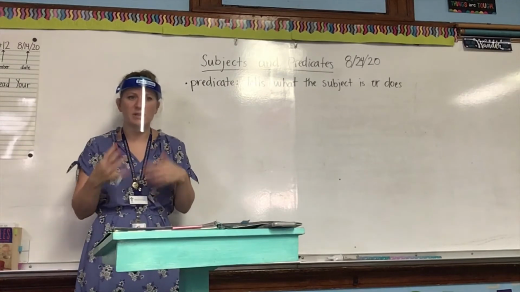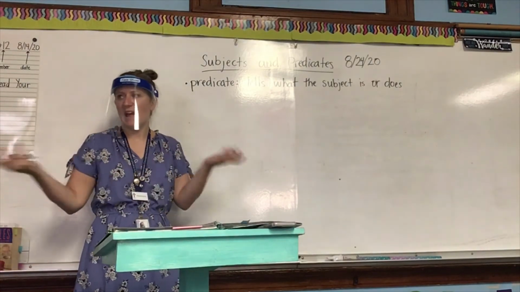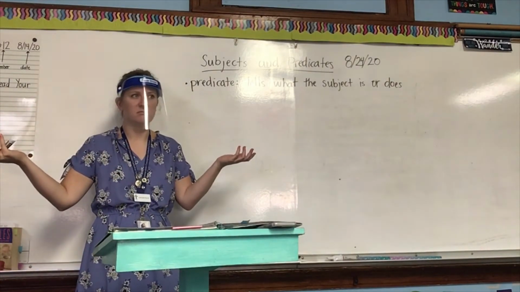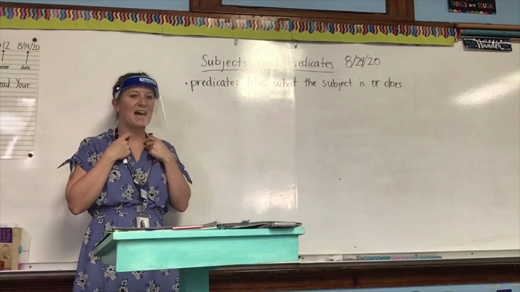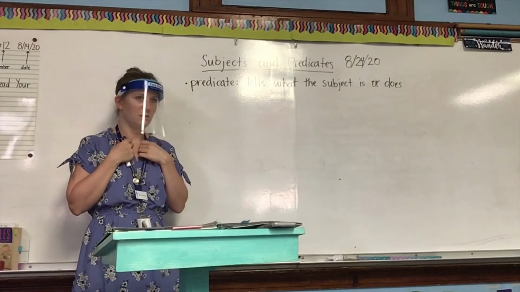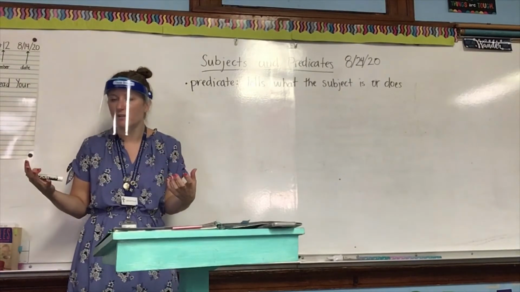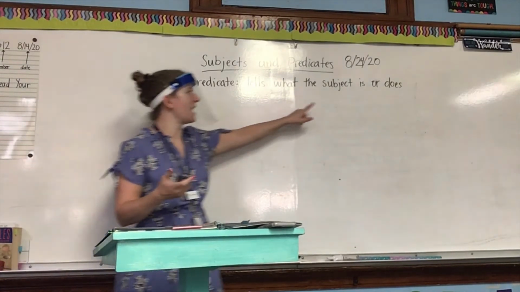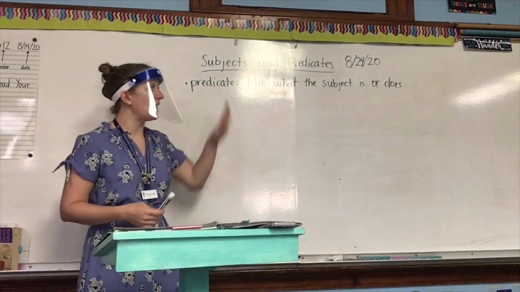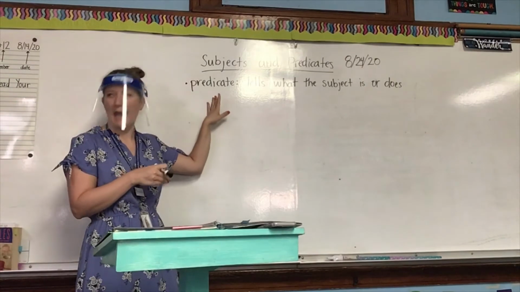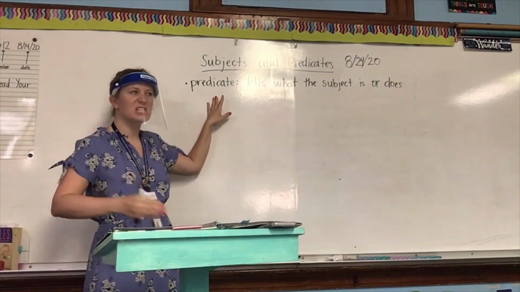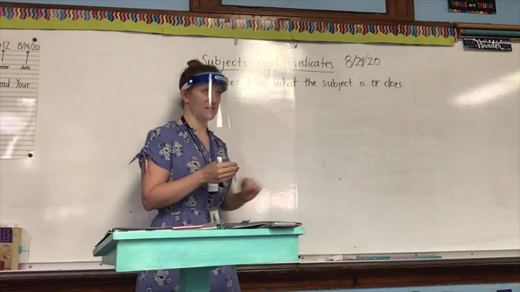Like, are they always doing an action? Class? No. Sometimes we're just telling about somebody. Like, the sky is blue. Well, is the sky doing anything? No, but we're saying what it is. So, is or does, it's not always an action. The predicate is not always an action. Sometimes it's just telling what something is.